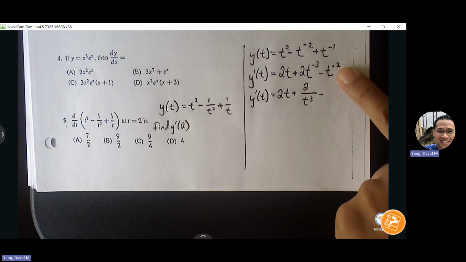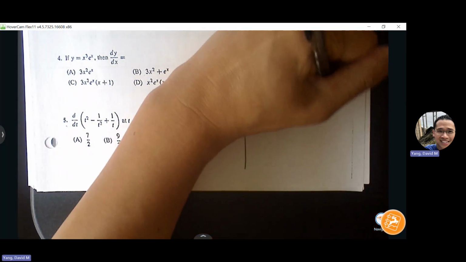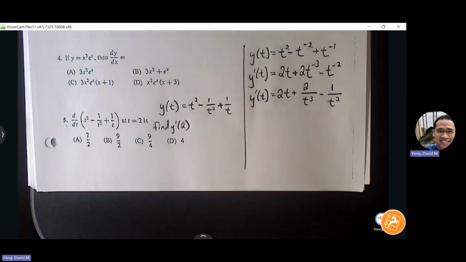Minus 2. How can I rewrite this without the negative exponent? Good, 1 over t squared. The t squared comes below, but there's still a number up top. It's a 1 that comes down. Now we can plug in the 2. Good.